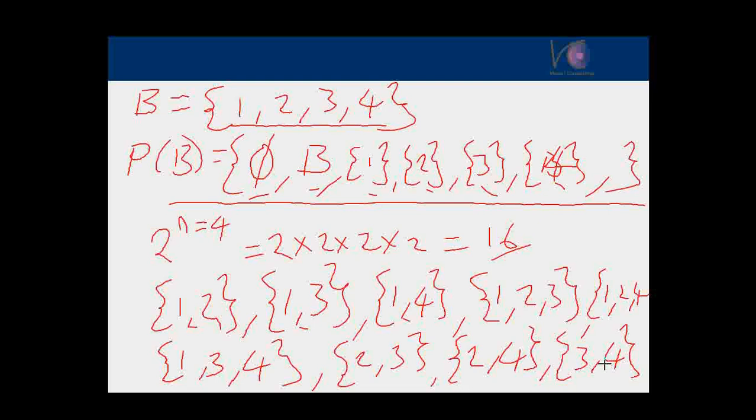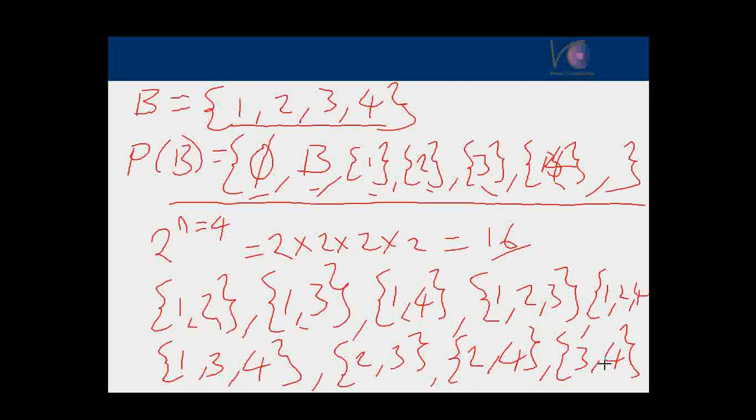Which one is that? We have {1, 4}, we have {2, 3}, {2, 4}, we have {3, 4}. Let's identify the element that is missing. {1, 2, 4}, we have {1, 2, 3}. We have {2, 3, 4}?